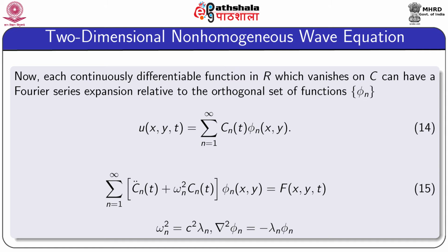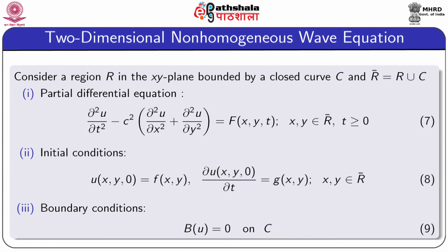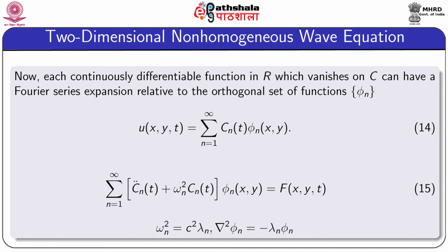Now, if we substitute this value of u from 14 into the given equation, that means equation 7, we obtain a relation which you can see in equation 15: sum over n of Cn double dot plus omega n square Cn, into phi n, is equal to f(x, y, t), where lambda n is the eigenvalue of the operator Laplacian squared and phi n is the corresponding eigenfunction, and omega n square is defined as c square into lambda n.